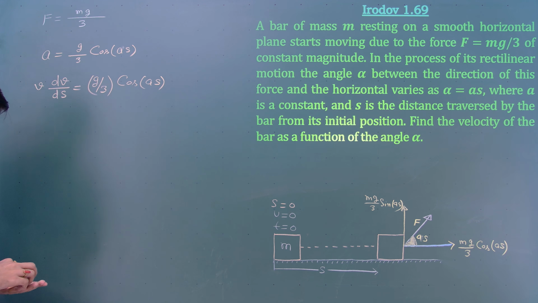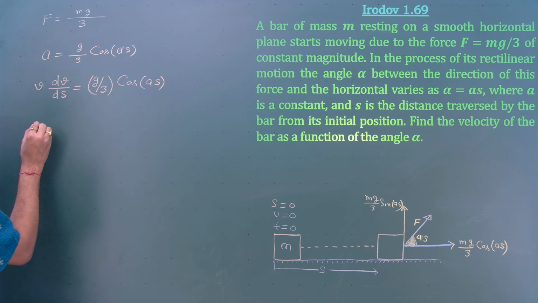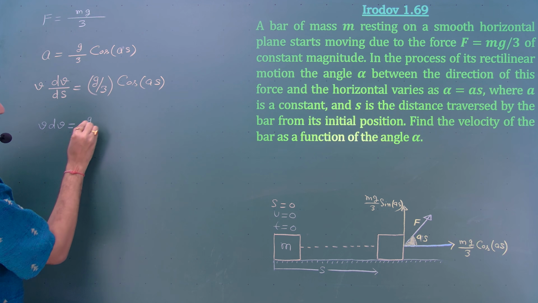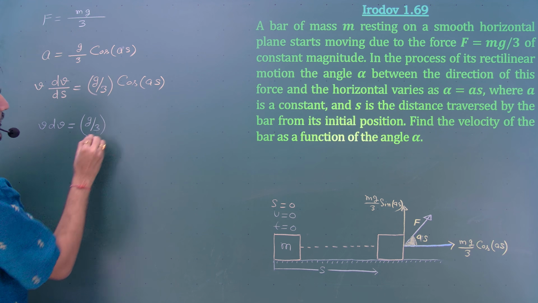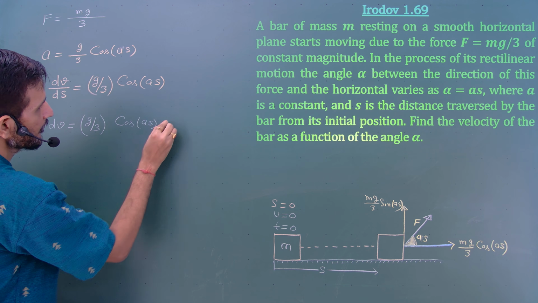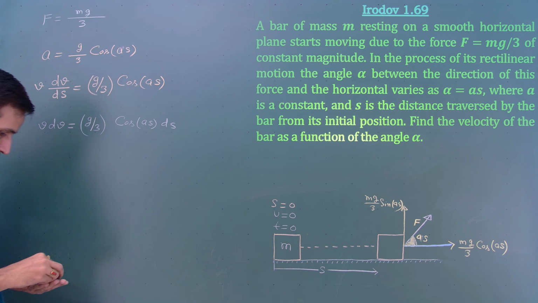Now integrate these two parts. So v dv should be equal to g by 3 into cos(as) into ds. Integrate this.